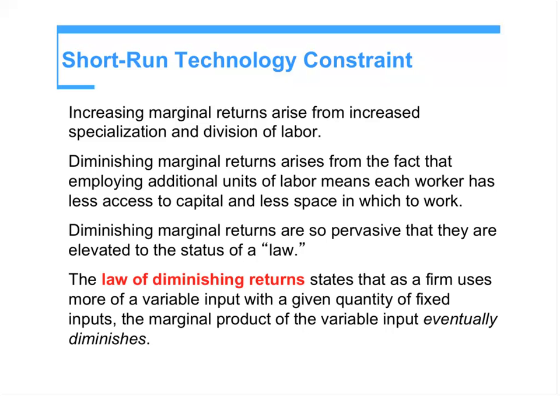When a firm uses more of the variable input, labor in this case, with a given quantity of fixed inputs, the marginal product of the variable input eventually diminishes because your fixed input is the same. You're not adding to your fixed input. You're just adding to your variable input, and that variable input is only able to add to a certain level. After a certain point, the extra variable input is not going to help you much because your fixed input is going to be the same.